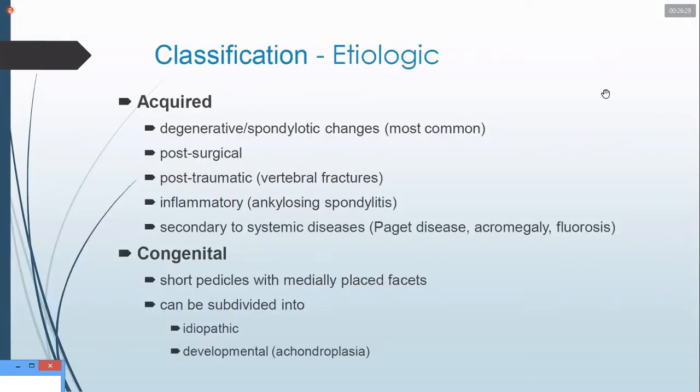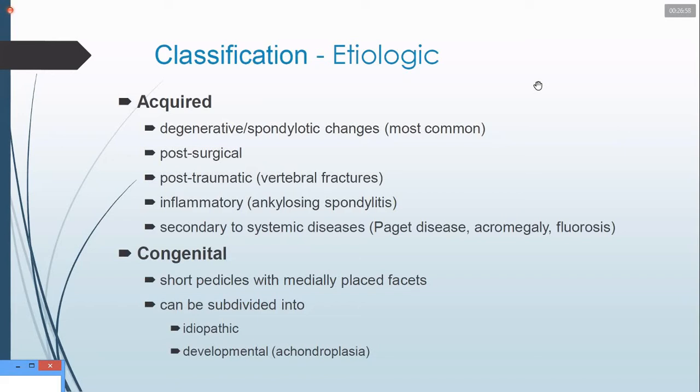Other acquired causes are post-surgical, where after surgery the canal might get compressed; post-traumatic, after vertebral fractures; inflammatory, like ankylosing spondylitis; and secondary to systemic diseases like Paget disease, acromegaly, fluorosis. In congenital, there are short pedicles with medially placed facets. It can be idiopathic, congenital, and developmental, like we see in achondroplasia.